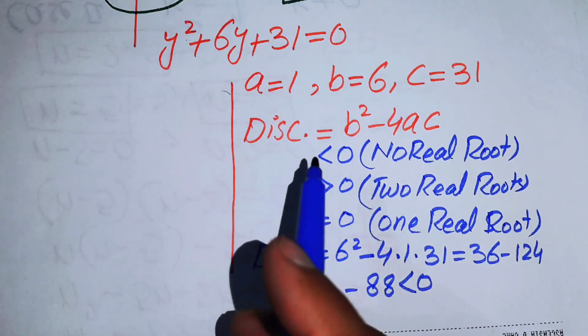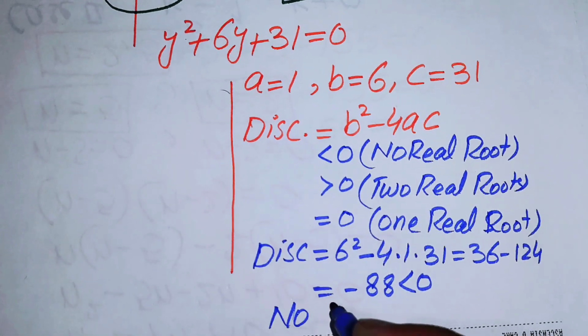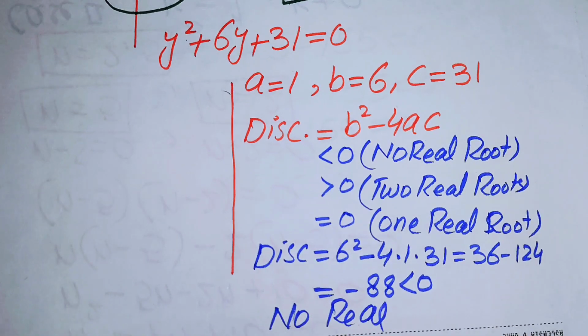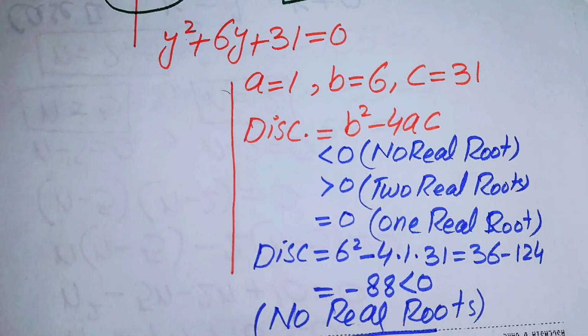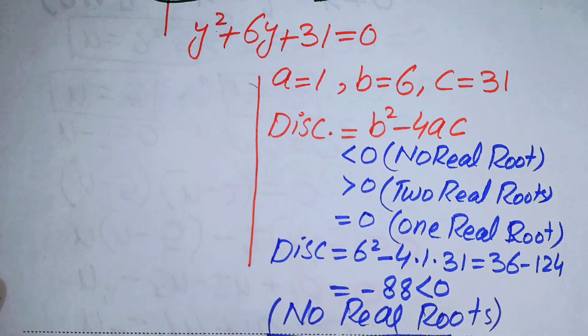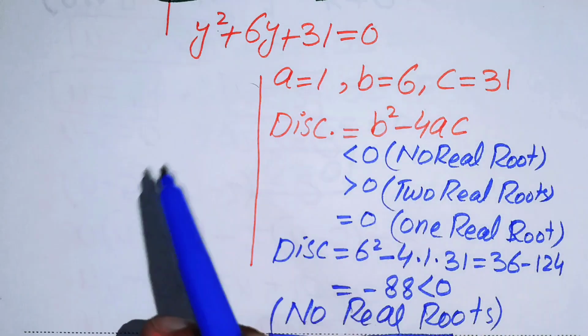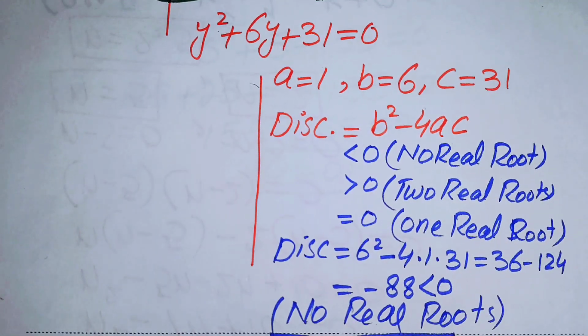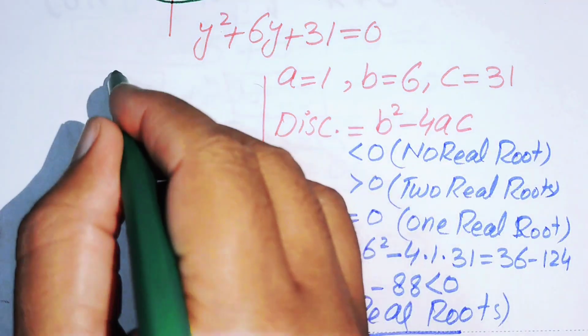If the discriminant is less than 0, then it has no real root. So this equation has no real root, so we will reject this case, because in this problem we need only real roots. So we will reject this equation, and here we have only one solution.